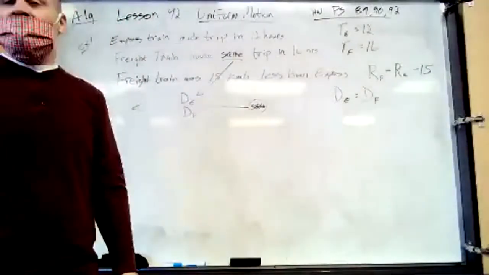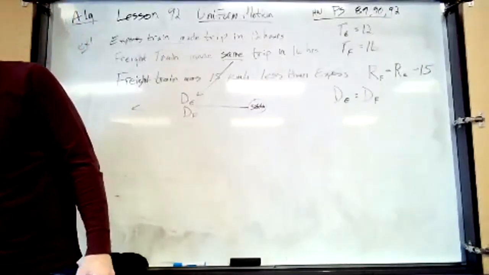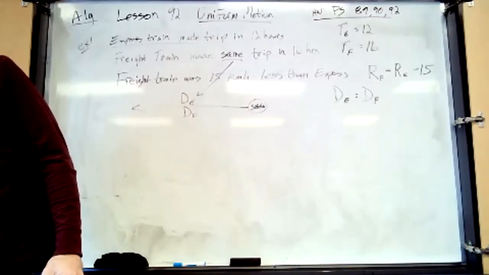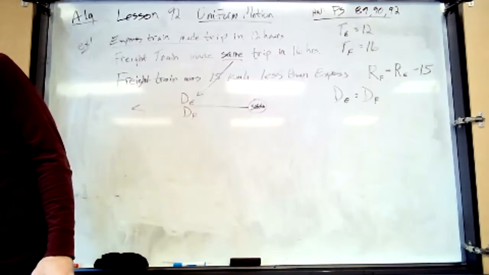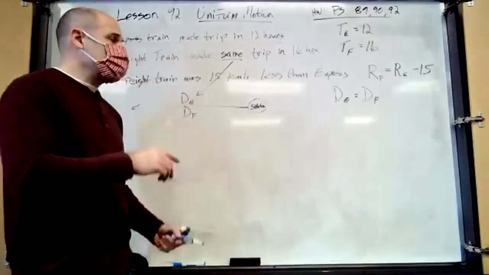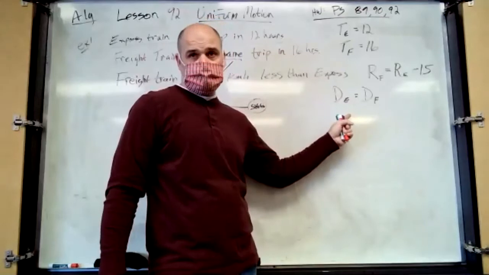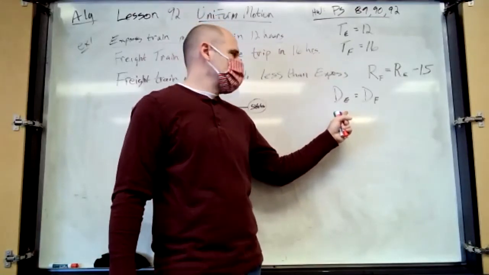Well, for this week, they're all going to be the same until the next time we talk about uniform motion, which is on Tuesday. It'll be the next lesson on Tuesday, 94. So now this is going to be your equation all the time until Tuesday night, or probably the next Monday night.